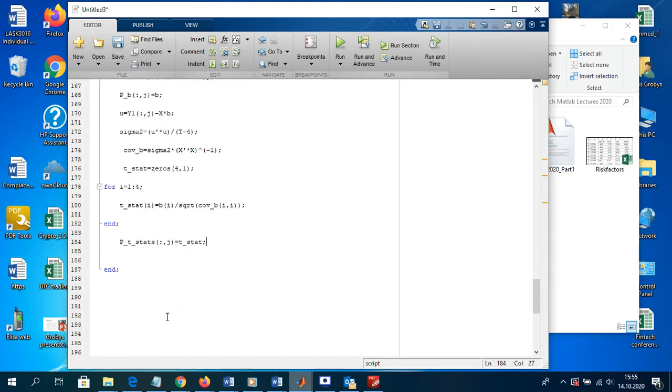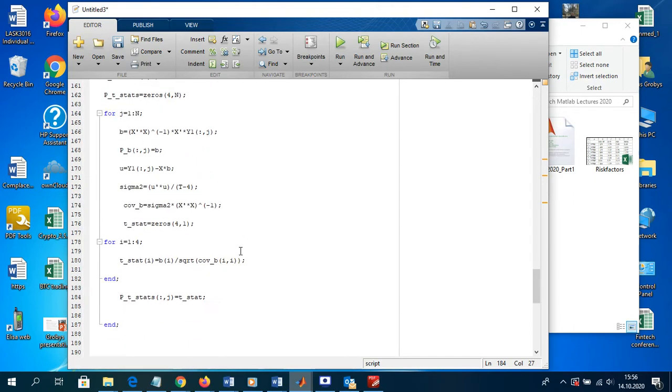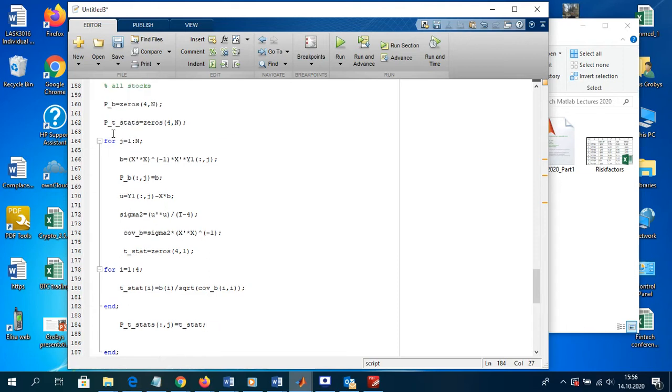So it's very obvious that in the second iteration, once this loop is completed, it goes back and j is 2. And what happens then is we regress something on the second excess return vector of our y1 matrix. So again, we get a new b that we store in the second column of our p underscore b matrix.